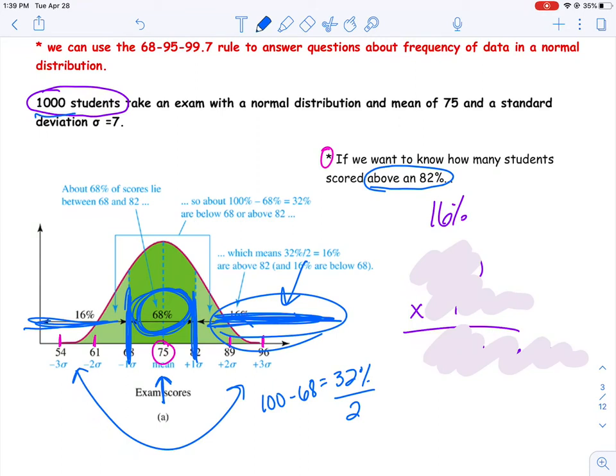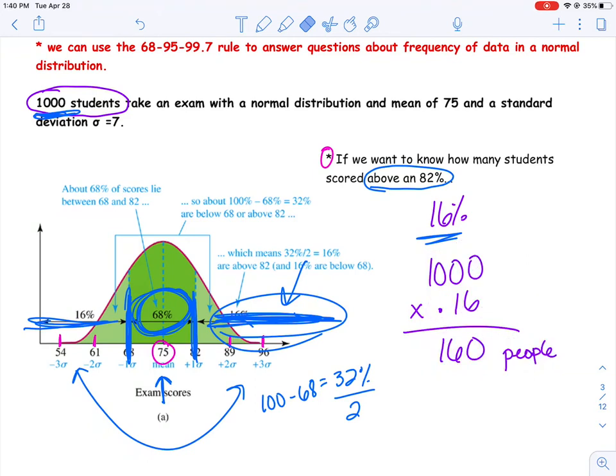So I know that there were 1,000 students, and I know that 16% of them scored above an 82, so we've got to figure out what 16% of 1,000 is. I'm going to take 1,000, multiply it by 0.16, and I end up getting 160 people. That means 160 people scored above an 82 using that 68, 95, 99.7 rule.